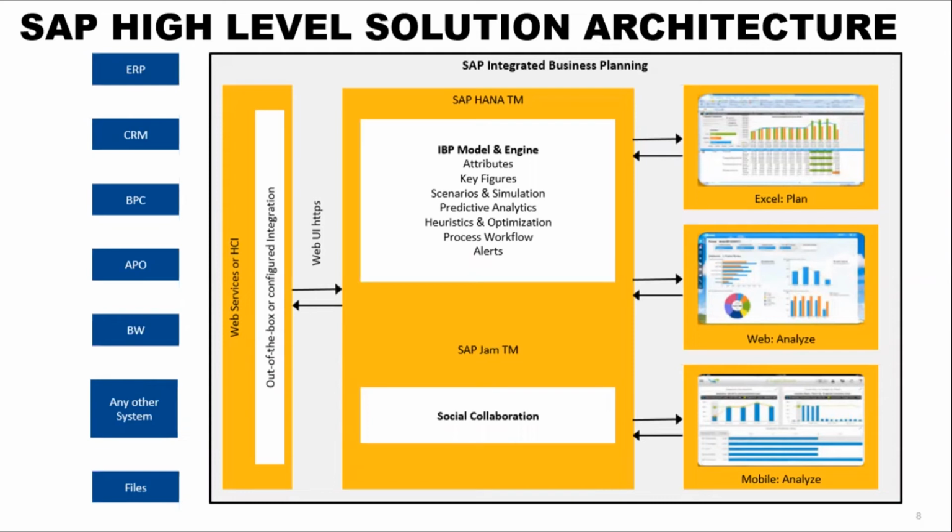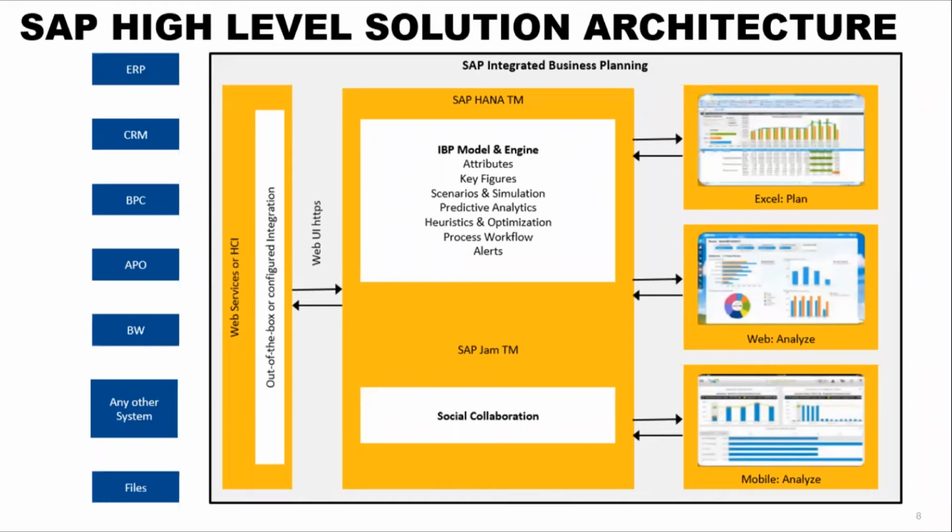And as I mentioned, we have the dashboards, charts and analytics, so within our IBP only, we can visualize it. Basically, in IBP we have two user interfaces. One is the Excel user interface and the second one is the web interface. Through Excel, most of the time we'll do the planning.